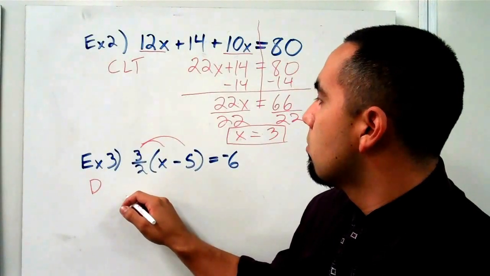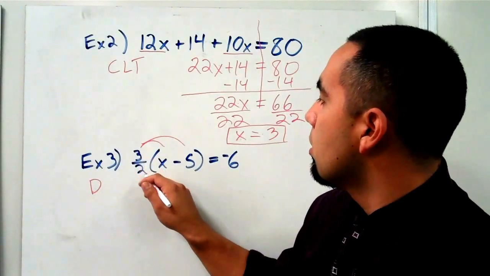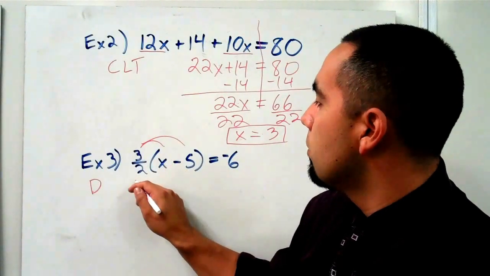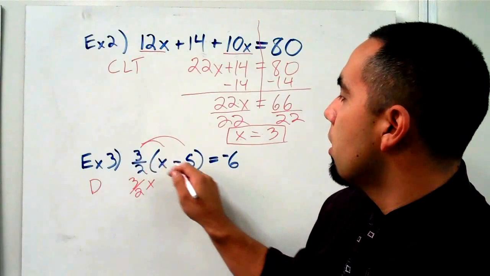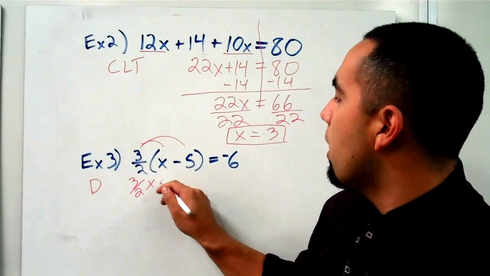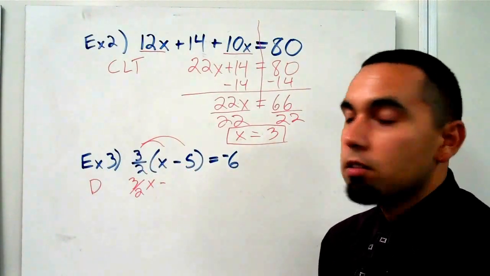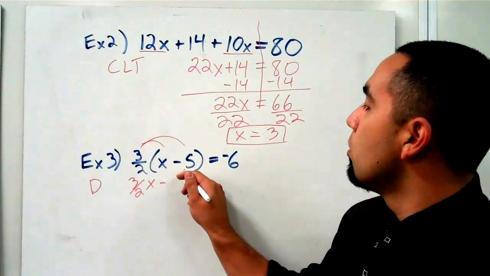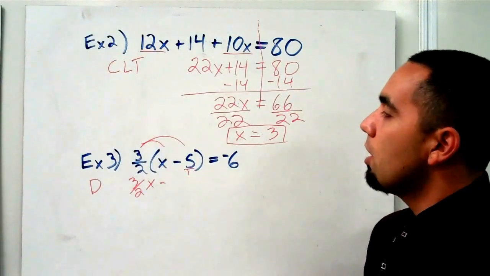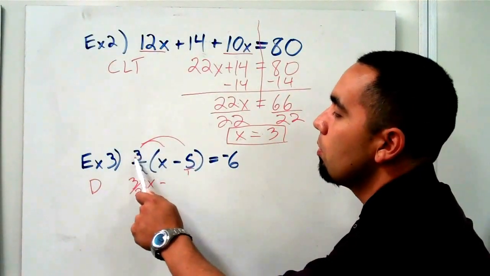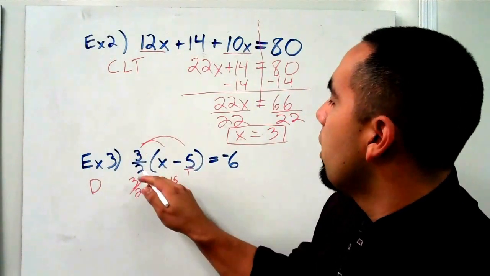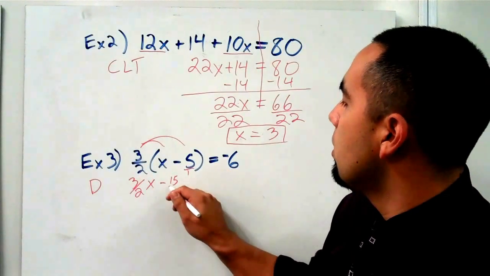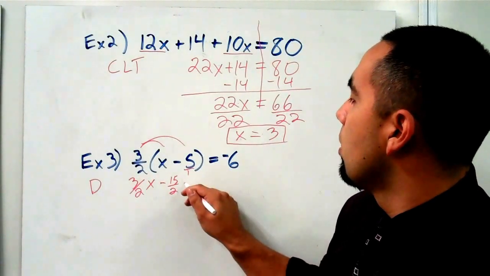Let's see, 3 over 2 times x is 3 halves x, and then times a negative 5. So how do we do that? Well, usually what we do is we turn our whole number into a fraction and we multiply the tops. So 3 times negative 5 is negative 15, and 2 times 1 is 2.